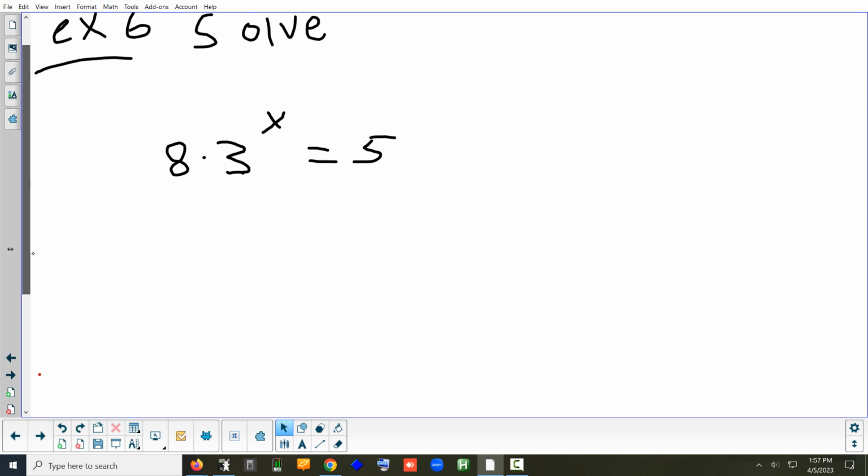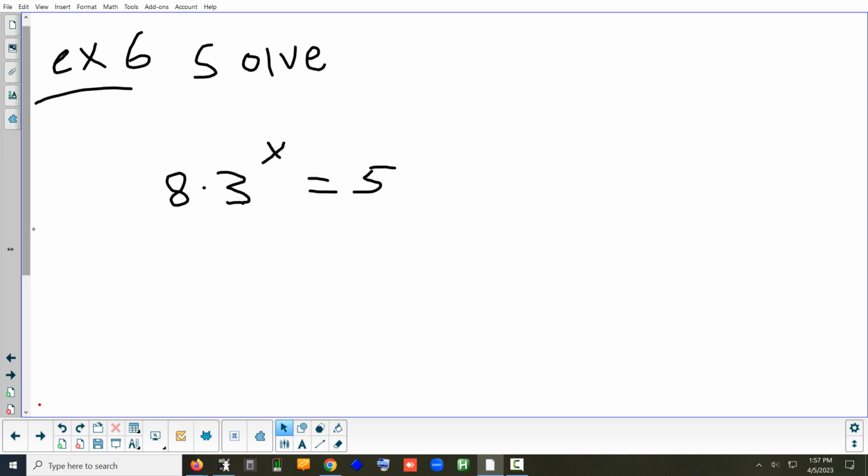Alright, let's try this one. It's pretty similar to the last two. There's just an extra step you need to do first. So it says 8 times 3 to the x equals 5.1. What could I do first there? Once we do this, it's going to make it exactly like the last two problems.